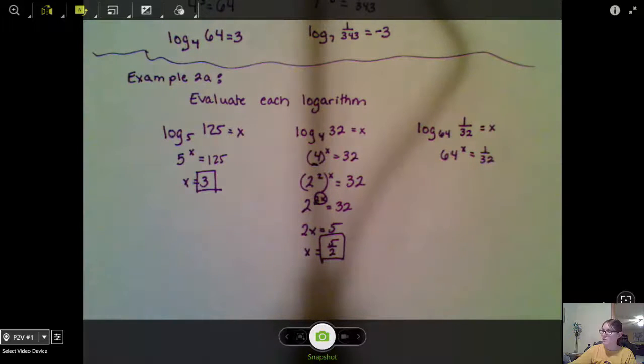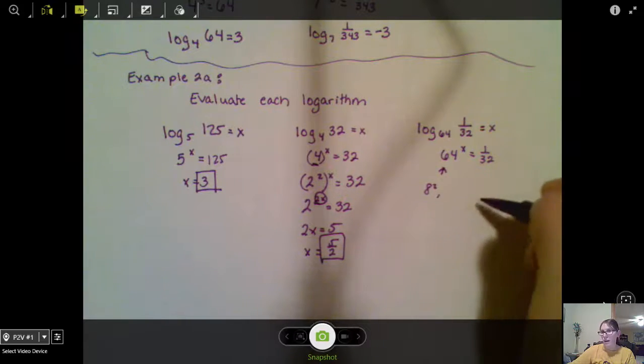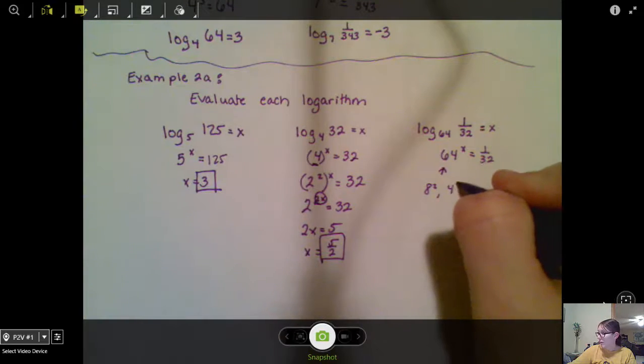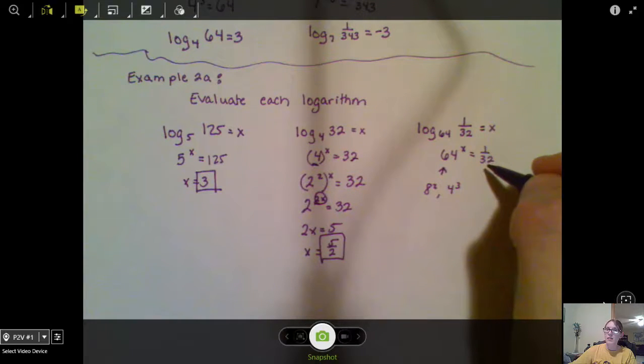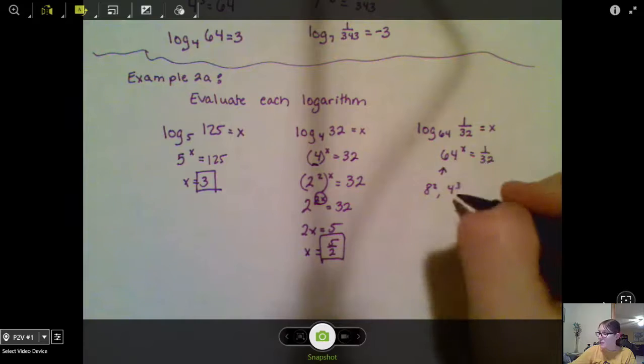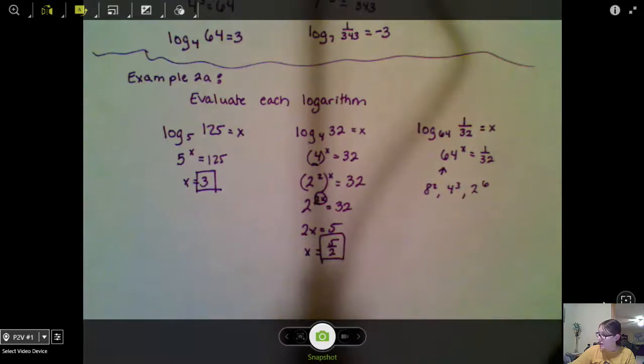Let's think of some more options. I could say it's 4 to the 3rd power. But as we saw here, there wasn't a whole number power that we could take 4 to and get 32. So again, that doesn't really help us. But 64 is also 2 to the 6th power. And that's helpful because I can take 2 to a power and get 32.